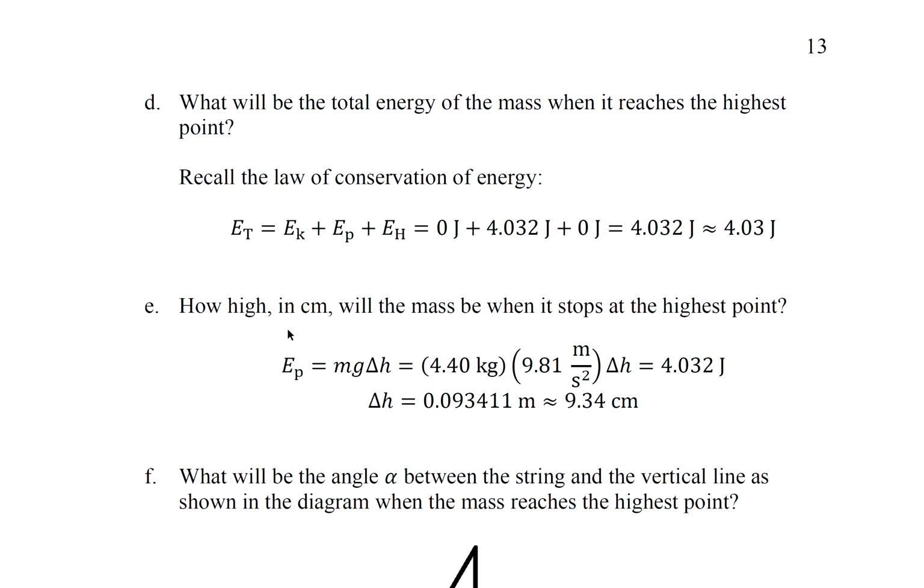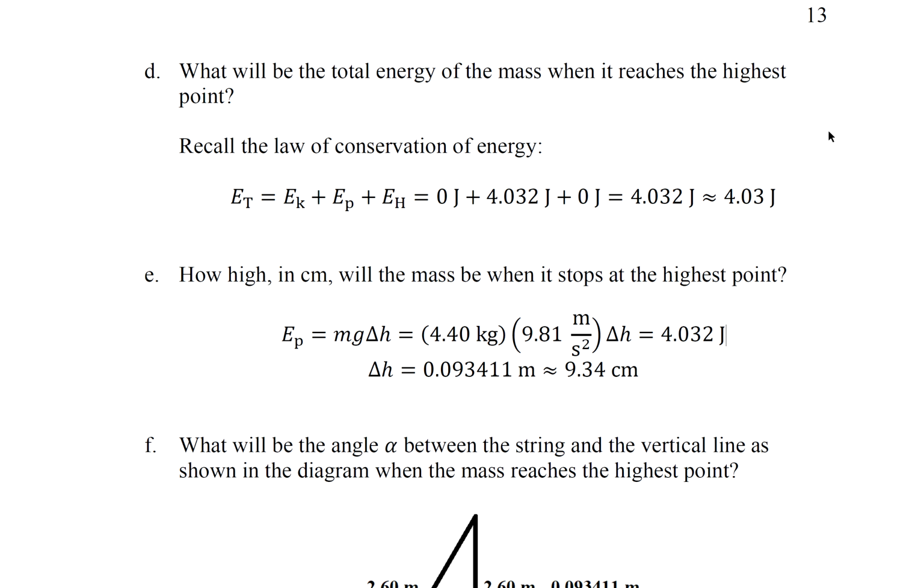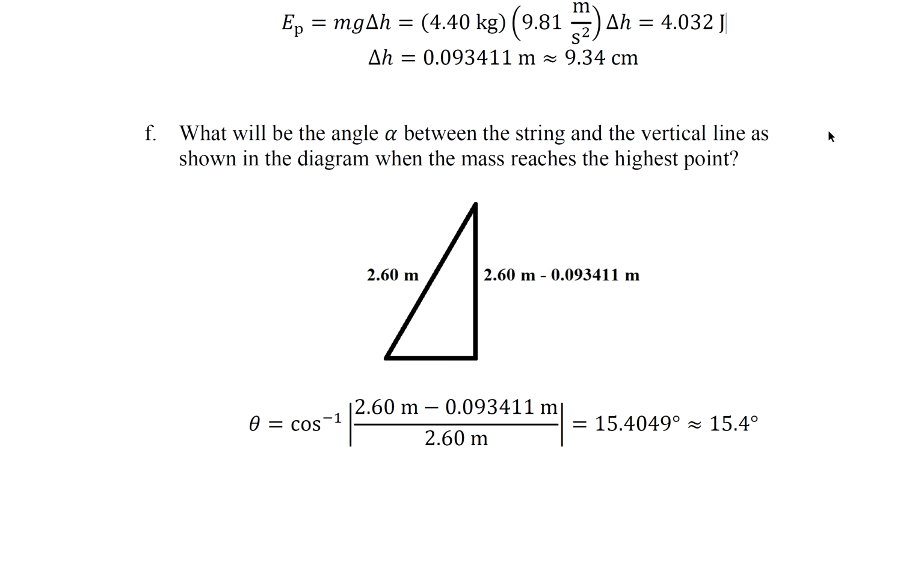So we're going to set the total gravitational potential energy equal to 4.032 joules, mg delta H, and solve for delta H. Part F, what will be the angle alpha between the string and the vertical line as shown in the diagram when the mass reaches the highest point?